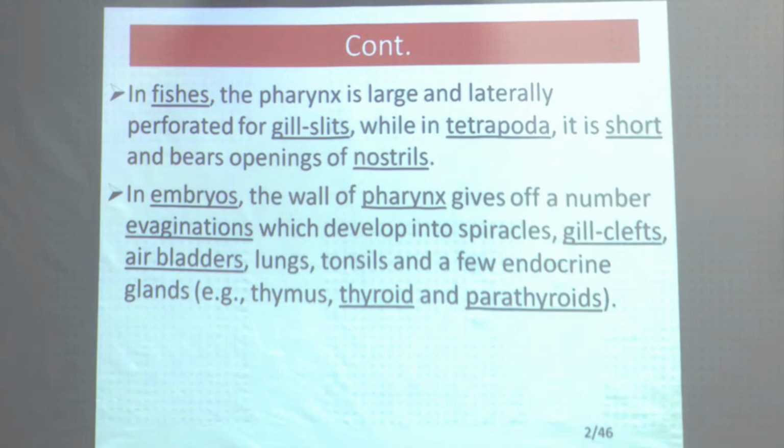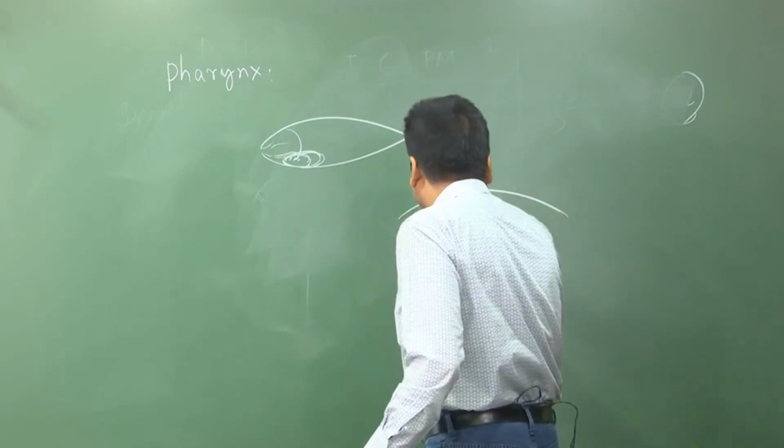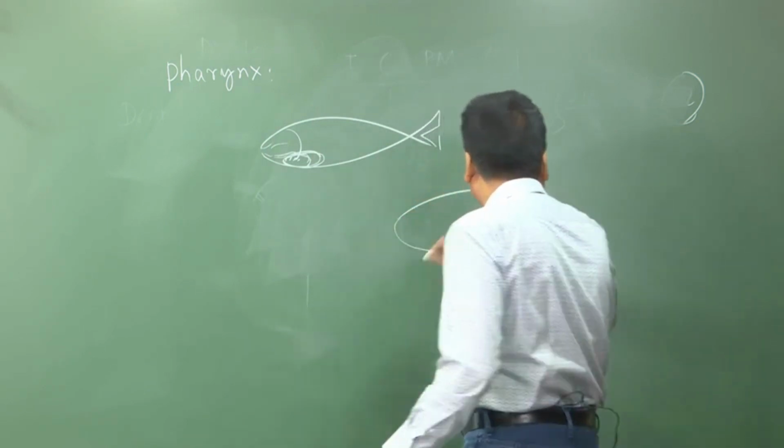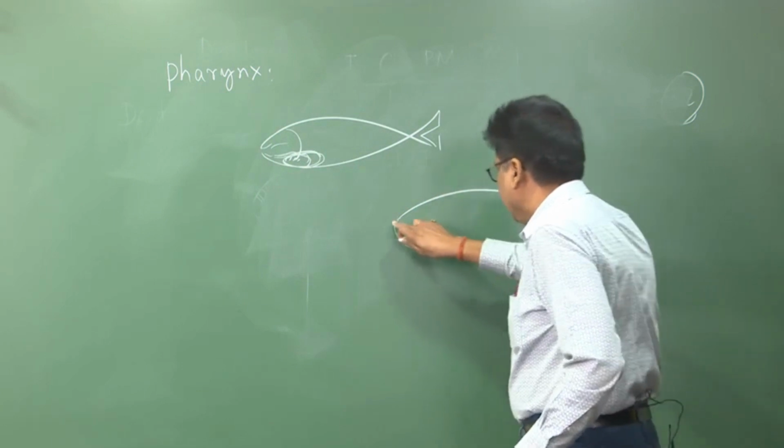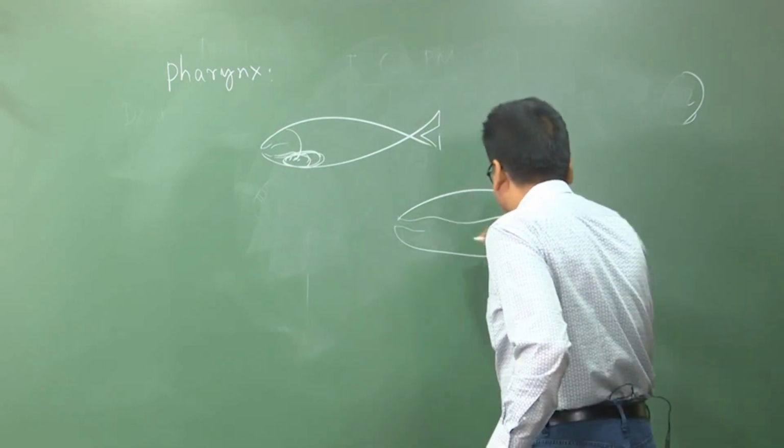In embryos, for example, consider the case of embryos. In embryos, the wall of the pharynx gives off a number of evaginations which develop into the spiracles, gill slits or gill clefts, air bladder, lungs, tonsil, and a few endocrine glands, that is thymus, thyroid and parathyroid. In my first class I have shown you an embryo, and this is the gut.